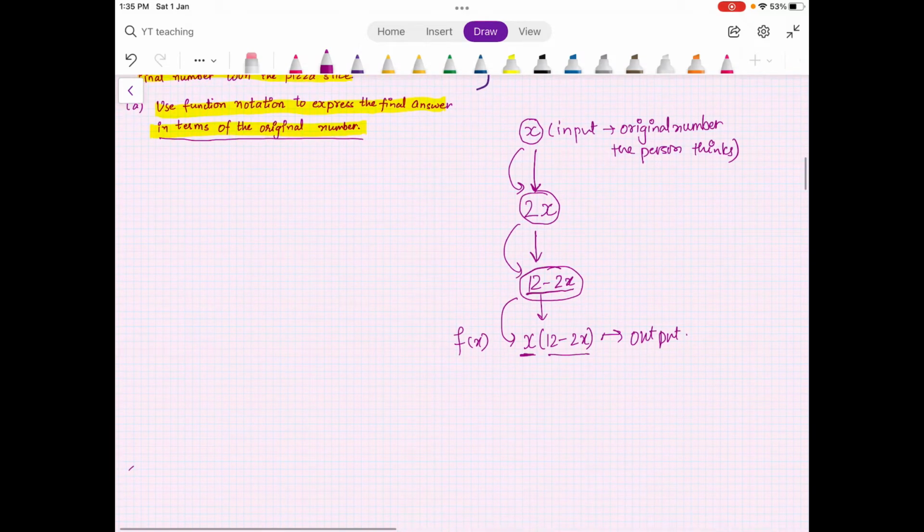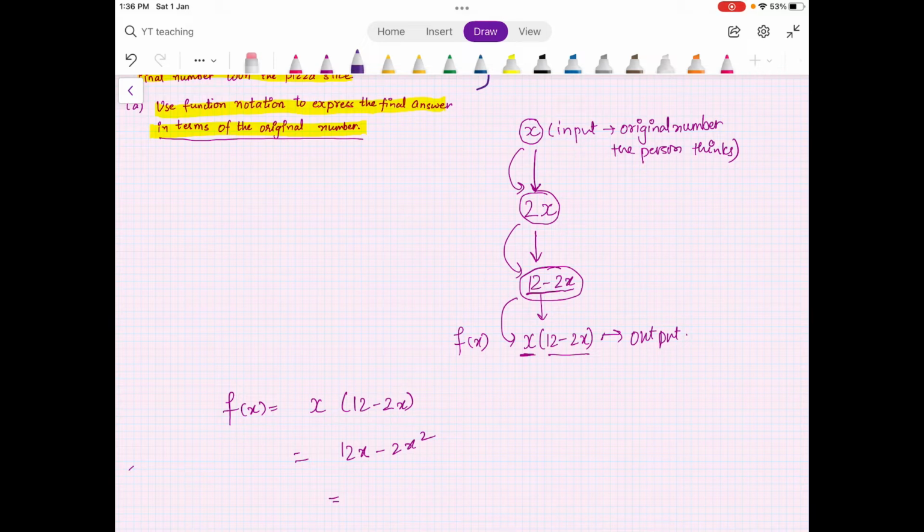Okay, so you can say that here f of x is x times 12 minus 2x, or you can write it as 12x minus 2x square, and we can write it in the more familiar form, right? So you can write it as minus 2x square plus 12x, or we can just take minus 2x common.